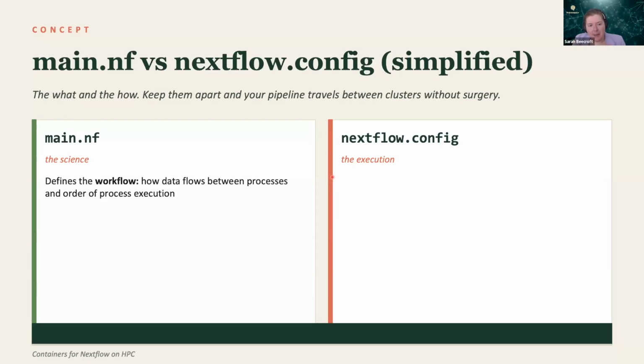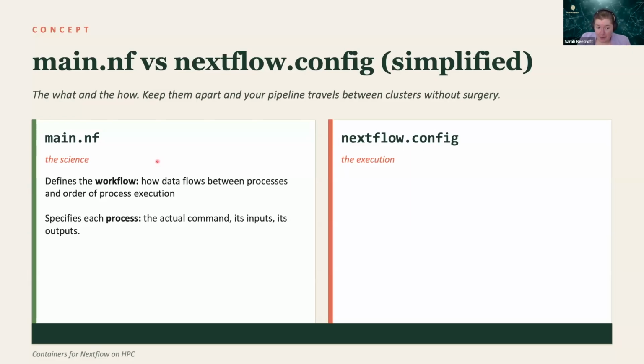Separating those gives you a lot more flexibility in how your pipeline works, where it can run, and whether you want to scale it up or down, rather than having everything hard coded into the what part. The main.nf defines the workflow, how the data flows, what the processes are, and the order of process execution.